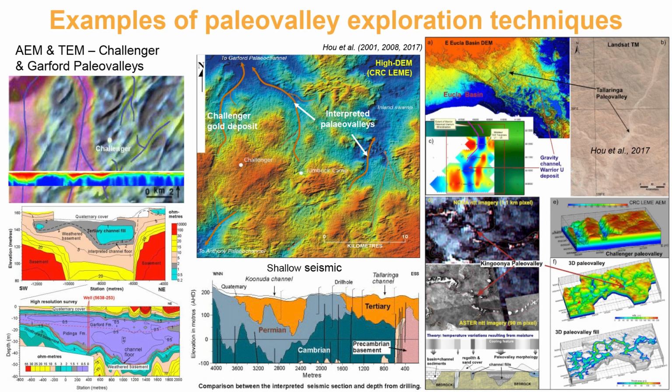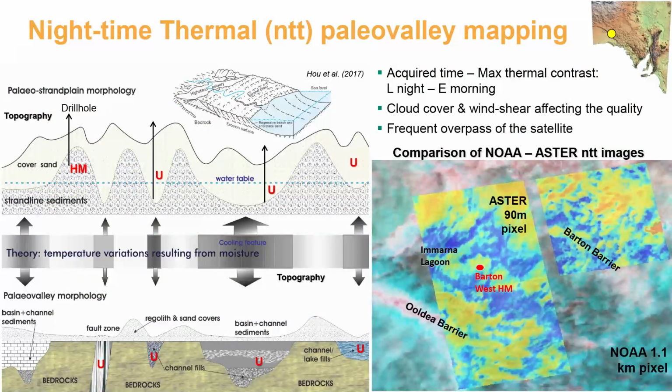We call this nighttime thermal. I mostly prefer to use it. The reason is that it's cheaper and effective. But the problem is that you should get the right data. How to get the right data is to control for the water table. For example, when the water table is there, you can get good enough moisture control, and then good enough thermal contrast.